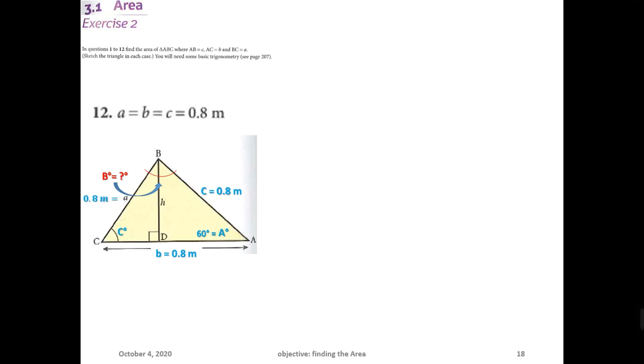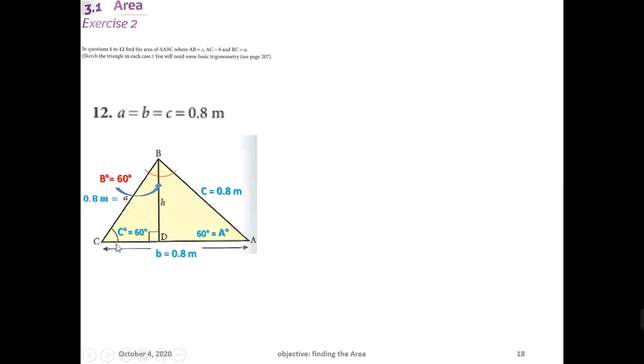So 180 divided by 3, each angle in an equilateral triangle is equal to 60. So A is 60, B is 60, and C is 60 as well. So we know the sides of this triangle as well as the angles.